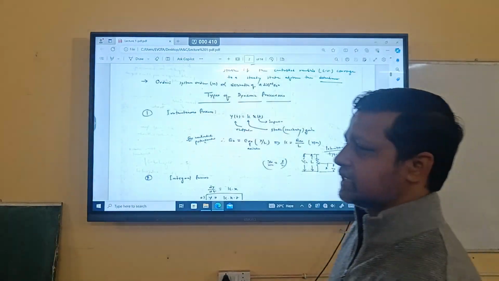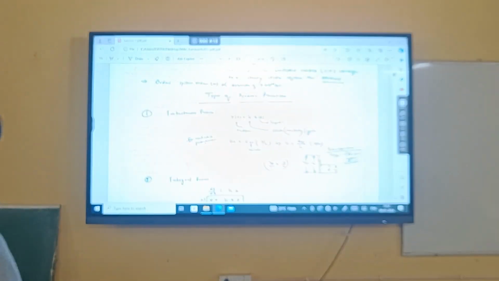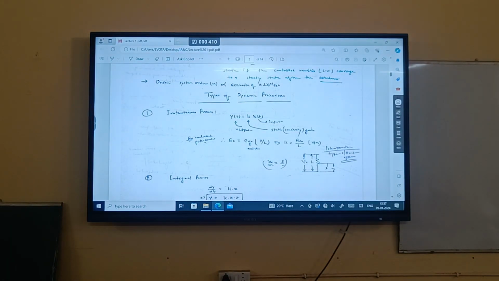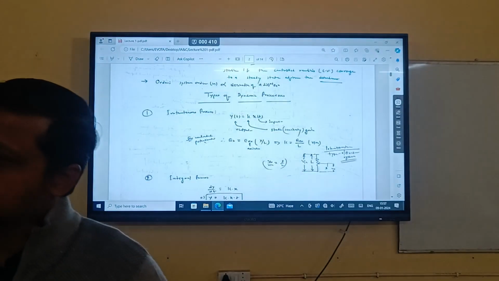As far as this instantaneous process is concerned, you will come across two important terms under the head of control system. One is stability, one is gain. Now if x is increasing, y instantly increases.